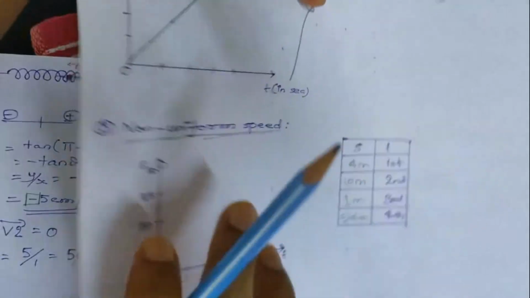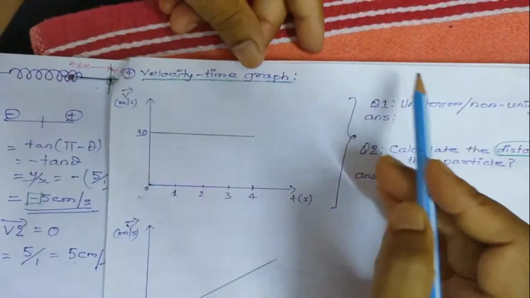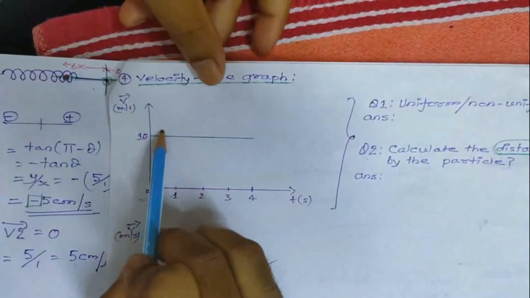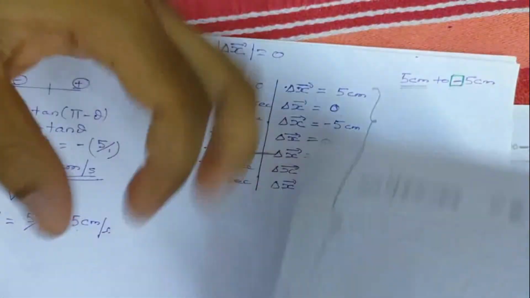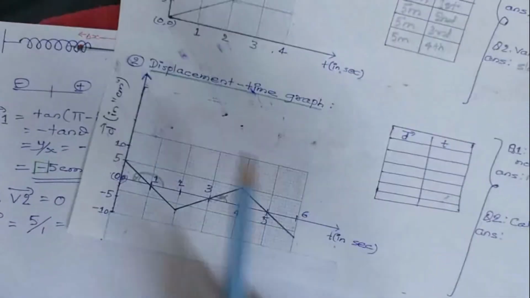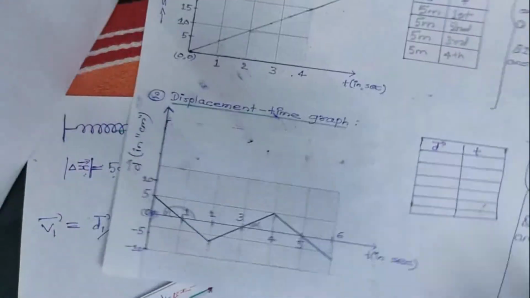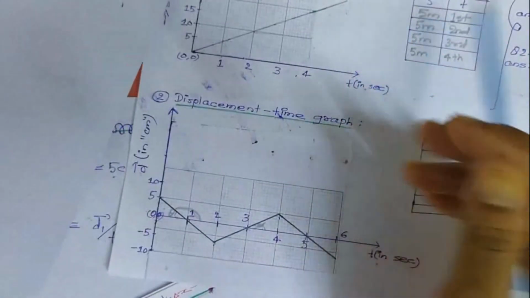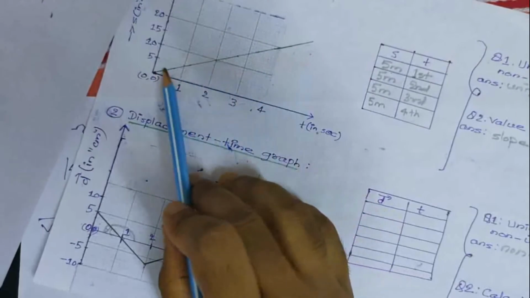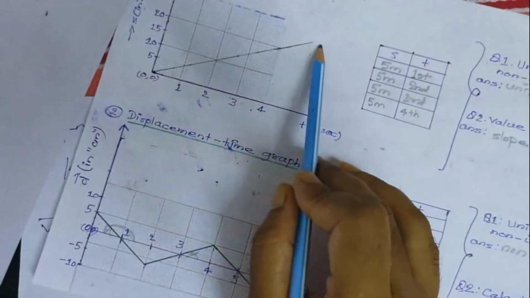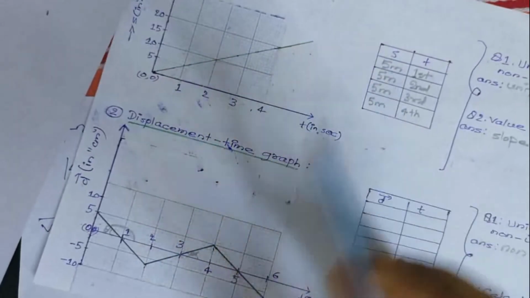It is very simple. Now let us analyze this velocity time graph. Now we are done with distance time graph, right? We are done with displacement time graph. We are able to distinguish between uniform or non-uniform motion based on the data fetched from graph, right?